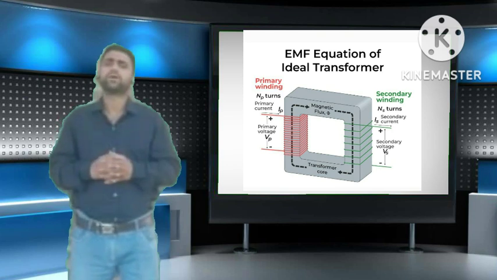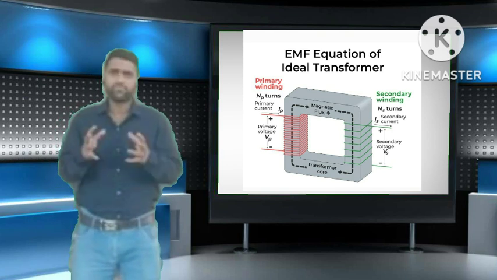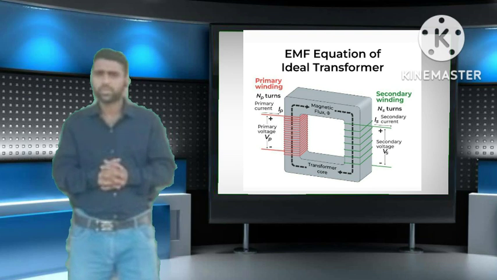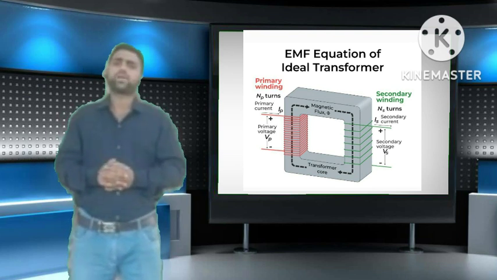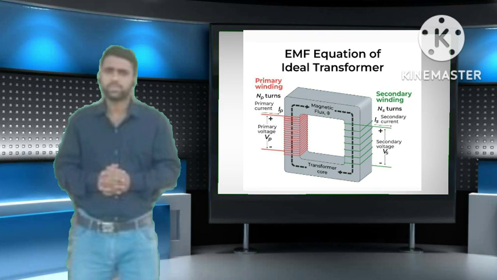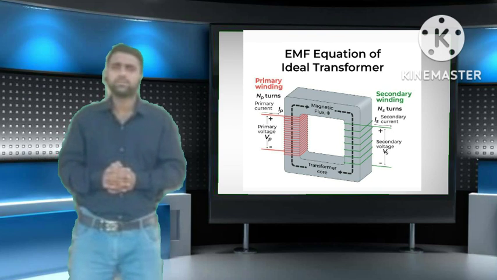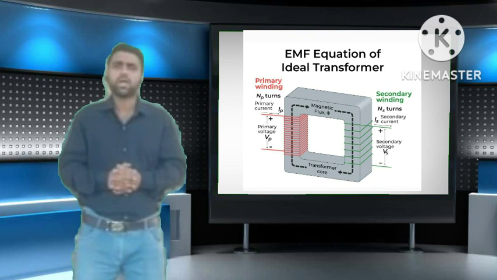If any other winding is brought near the previous one, obviously some portion of this flux will link with the second.